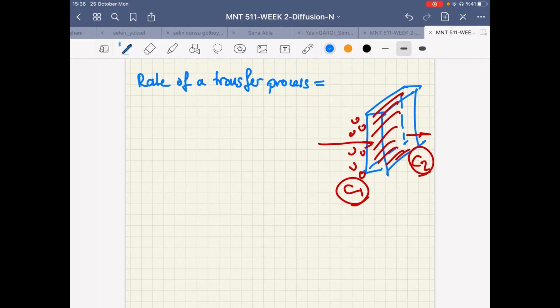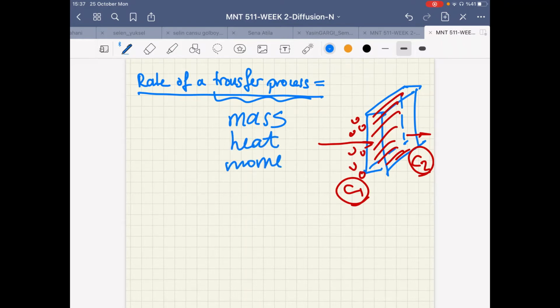But this can be applied to all sorts of mass, heat, and momentum transfers. So for mass transfer, heat transfer, or momentum transfer, we have to define the rate of a transfer process. And here this is mass or heat or momentum. We're going to be fixing our discussion onto mass because we're transferring mass from one phase to another.